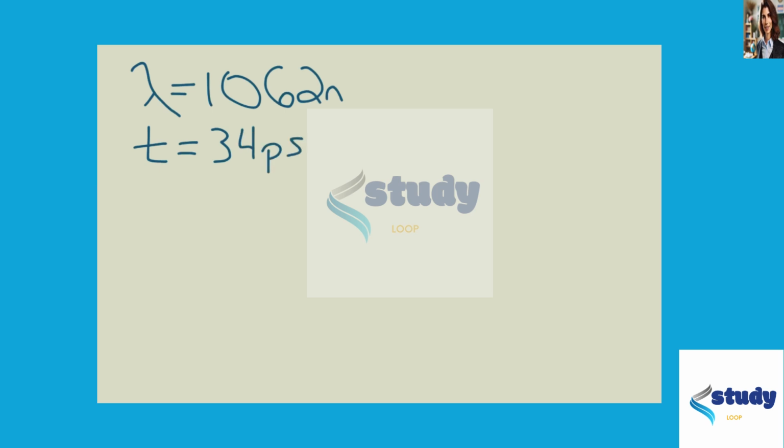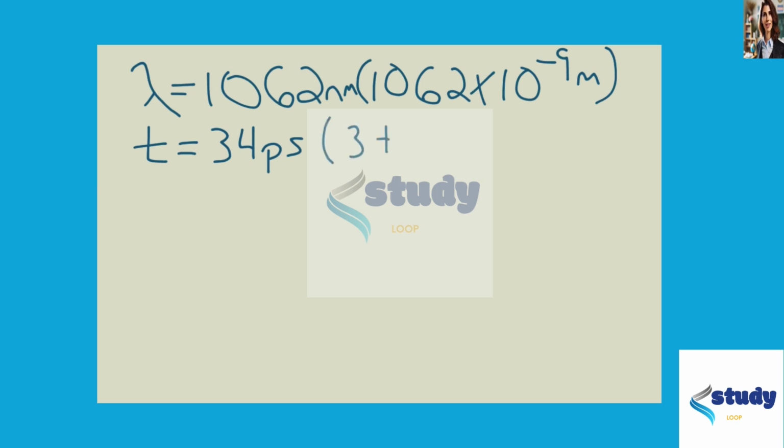Okay, so by the way, nanometers would be 1062 times 10 to the negative 9 meters. And then picoseconds would be 34 times 10 to the negative 12 seconds.